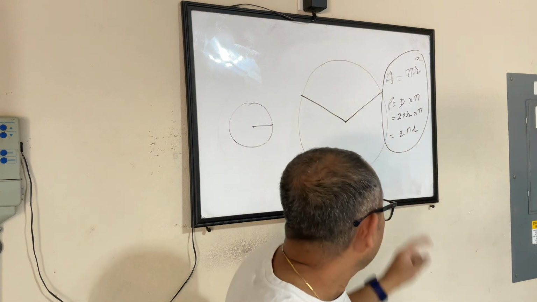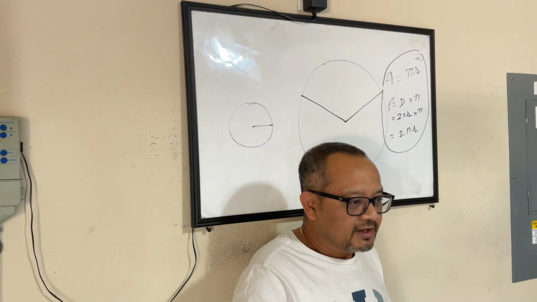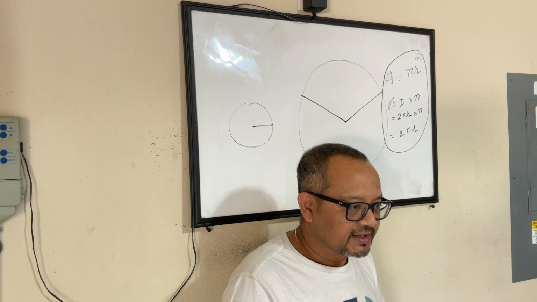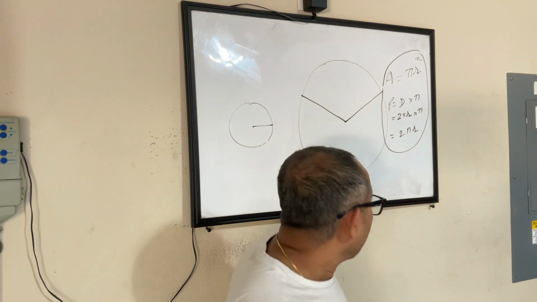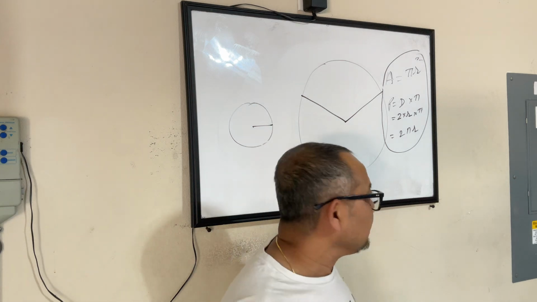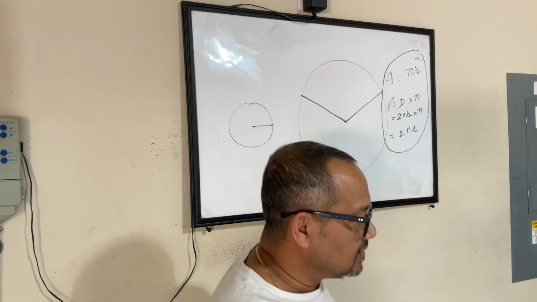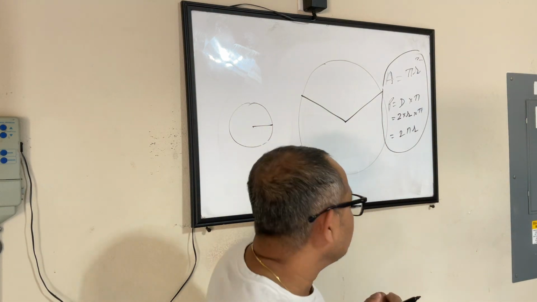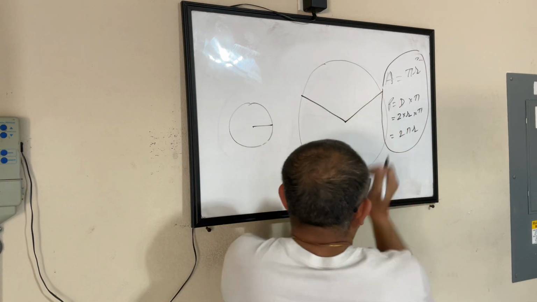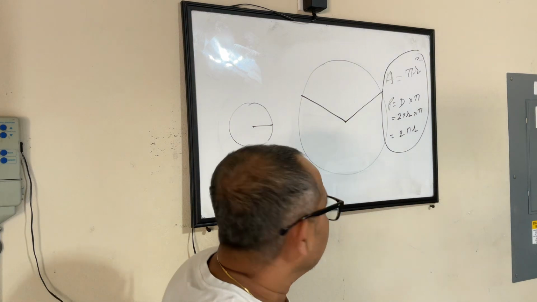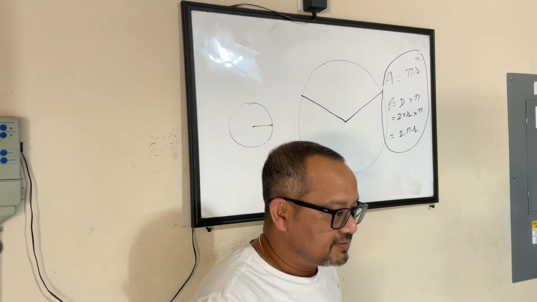Okay. Anybody else? Dhanusri said that if you are talking about a sector, it's nothing but 2 radiuses or 2 radii making a part of the circle.